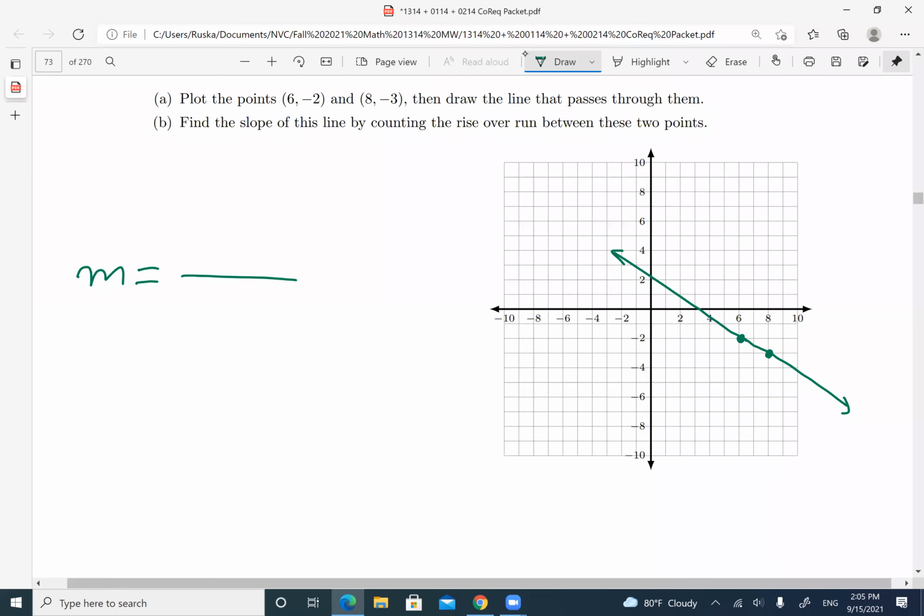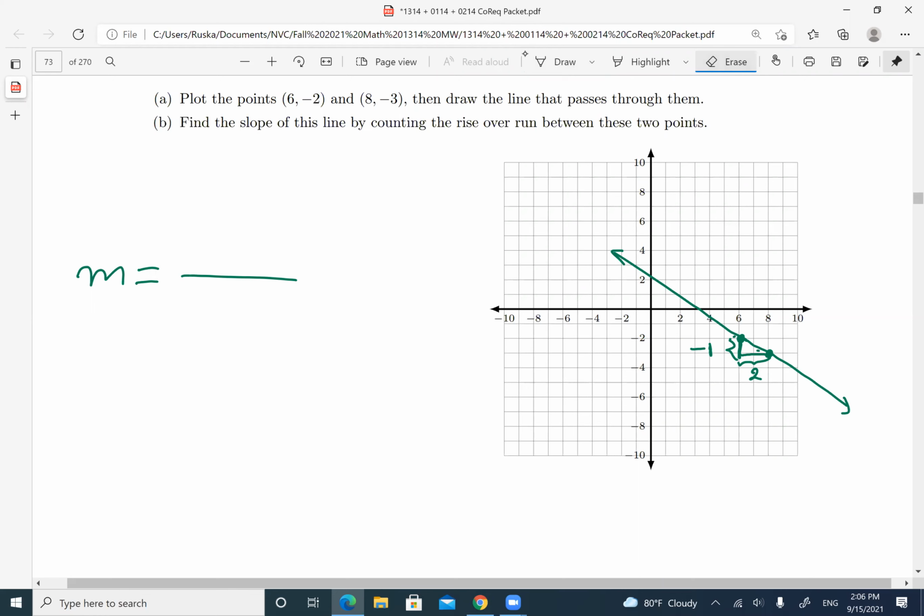From the first point, I'm going to say point 1, point 2. What I'm going to do is go 1 down, right? And 2 over. Everybody see that? So it's going to be -1 over 2 over. Everybody understand what I'm doing?